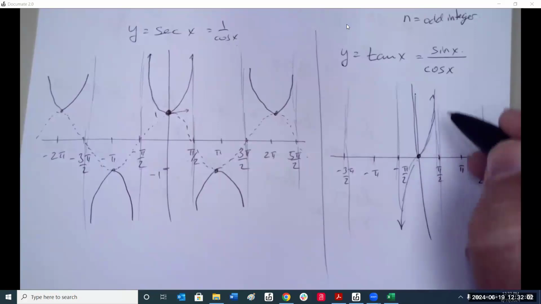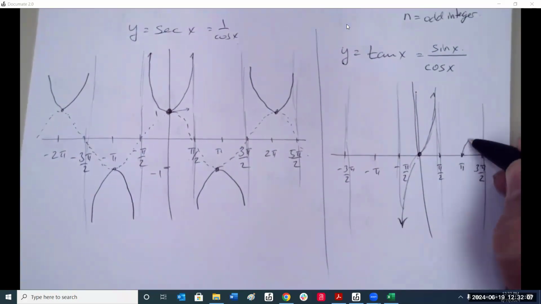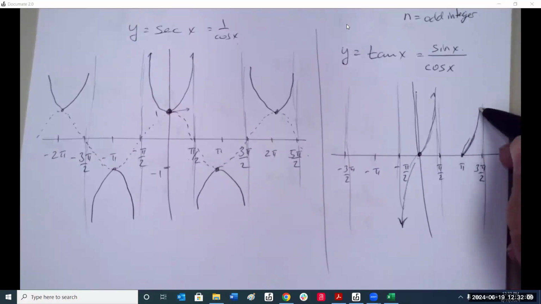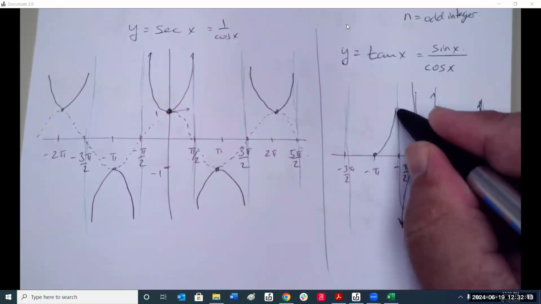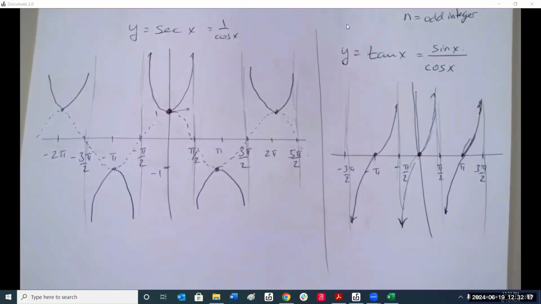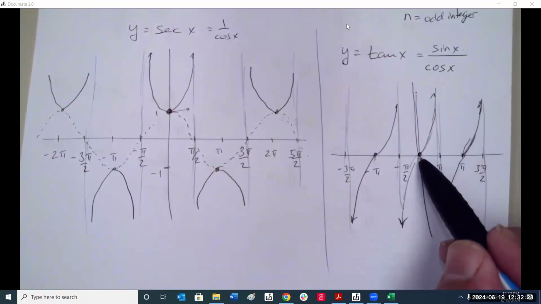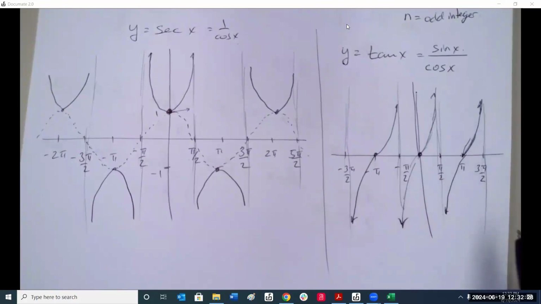It goes to positive infinity, and on the other side to negative infinity. Because it's periodic, once we find the first one, they all match.